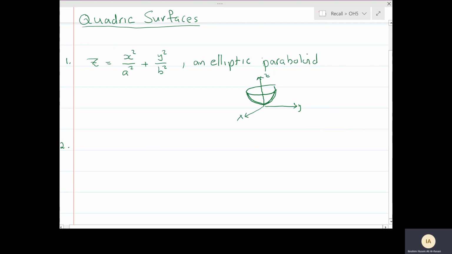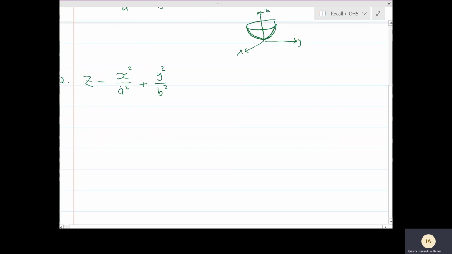The next two are the following. I have z equals x squared over a squared plus y squared over b squared, and the third one is the same thing, z equals x squared over a squared plus y squared over b squared.